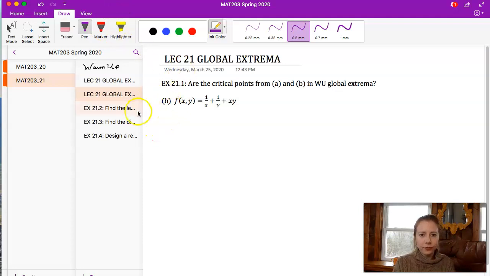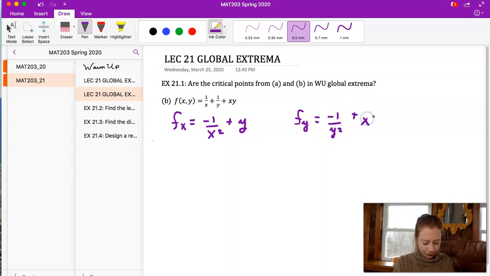So let me just write down once again our first order partials. With respect to x, we have minus 1 over x squared plus y. And our partial with respect to y is going to be minus 1 over y squared plus x.